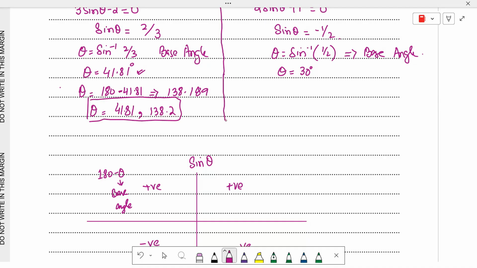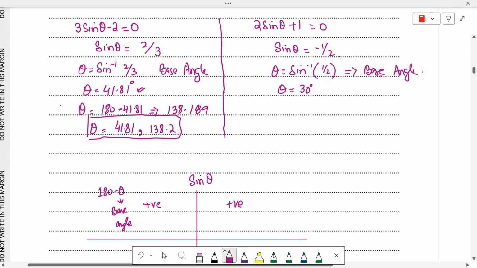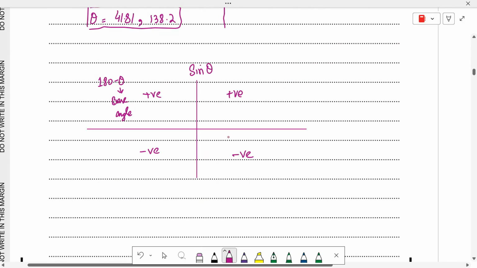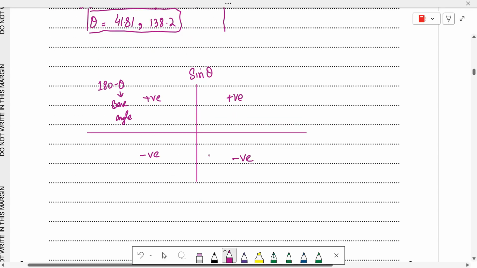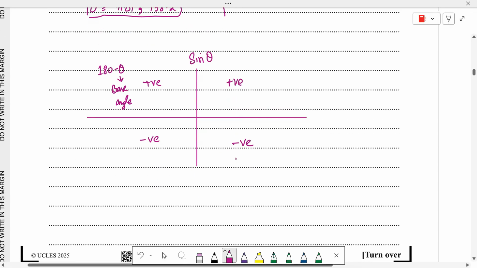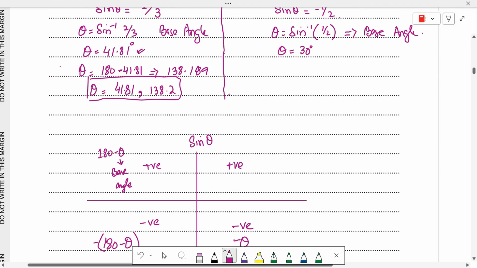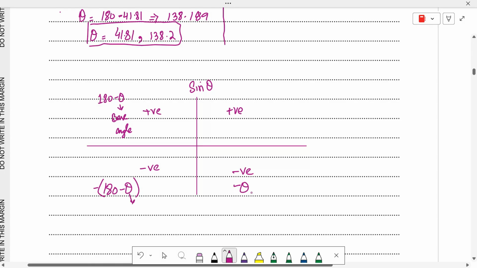Now in this case we have calculated the base angle, but the value of sin θ is negative, so the angle should lie in the third and fourth quadrants. To find the angle in the fourth quadrant it is negative θ, and in the third quadrant we will use negative 180 plus θ, where θ is the base angle.